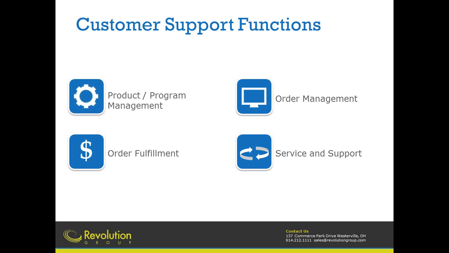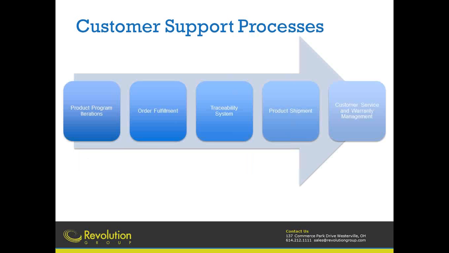You could have product development and program management roles involved in customer support, particularly program iterations or engineering changes that the customer requires of the products they're purchasing from you. So we have numerous customer support functions that are often quite common in manufacturing companies dependent upon the segment that they're in. The processes also are rather consistent, and they go back consistent with the functions of order fulfillment.